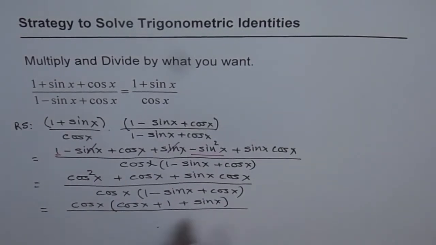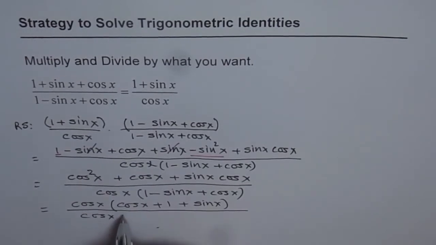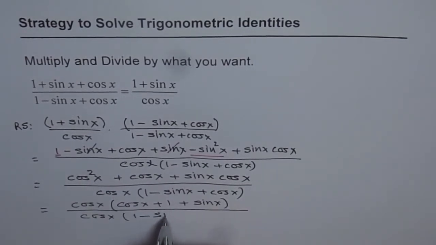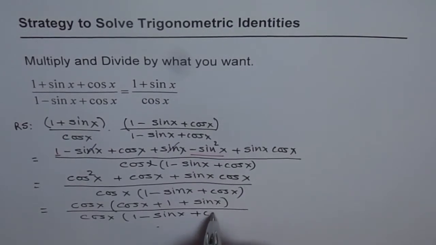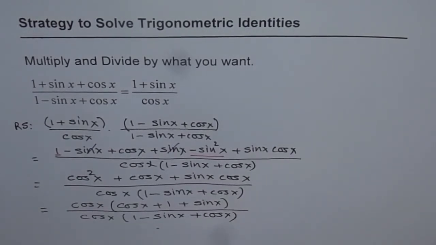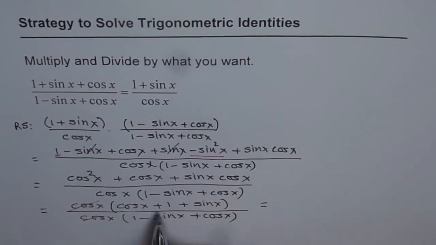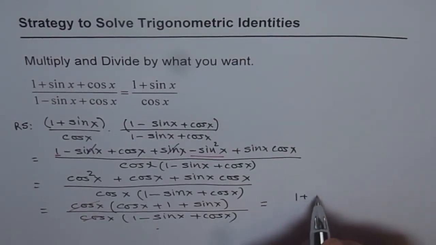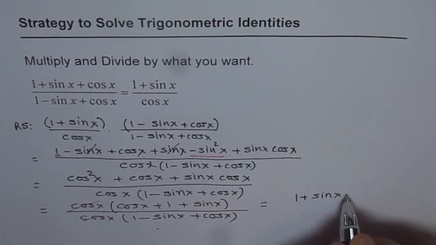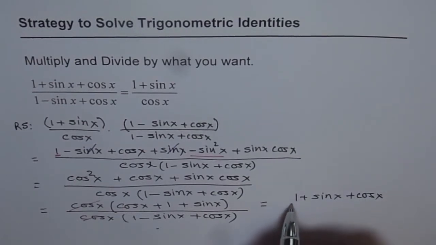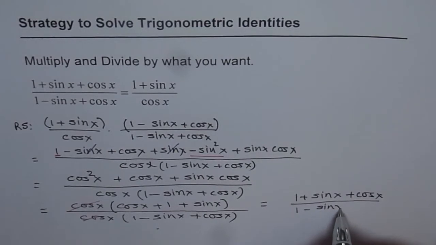And in the denominator, we get cos x times (1 minus sine x plus cos x). Now, since cos x is common in the numerator and denominator, you can cancel it out. And then you get 1 plus sine x plus cos x, which you really want in the numerator, over 1 minus sine x plus cos x.